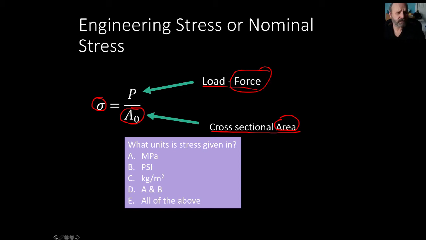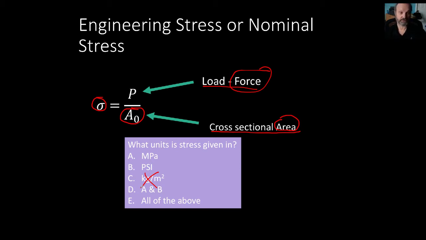Now C is not correct. Okay, it's not correct because kilograms per meter squared, kilograms is not a force, it's a mass. Remember F equals ma from your physics class. So it's mass times acceleration. So a kilogram meter per second squared, right? That's a Newton.